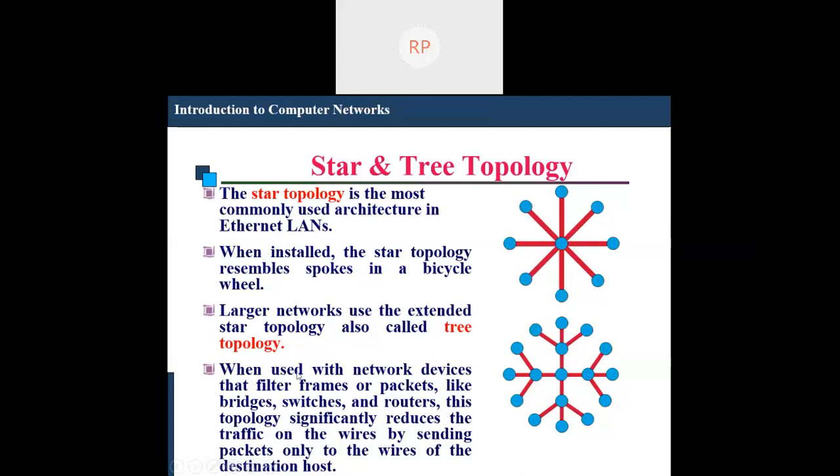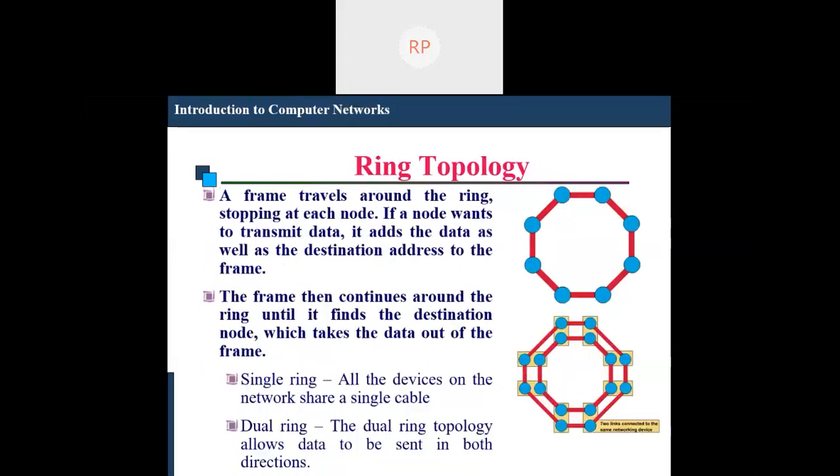WAN is used with network devices that filter frames or packets, like bridges, switches, and routers. This topology significantly reduces the traffic on the wire by sending packets only to the wire of the destination host. Suppose communication is within this area or that area, it passes only through that respective network, so it reduces the traffic. This is the benefit of tree topology.